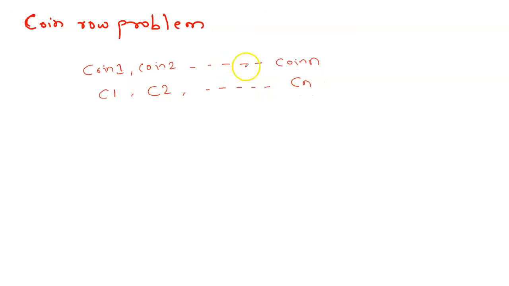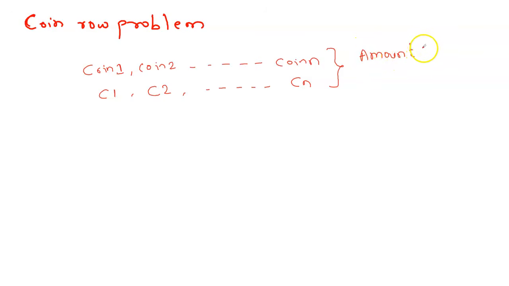Here we need to pick up the coins from left to right in such a way that if we pick one coin, we should not pick the adjacent coin, and when we pick the coins, the amount that we get should be the maximum amount.